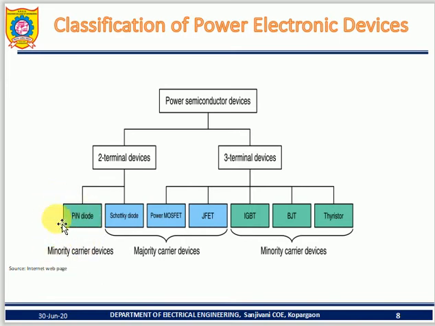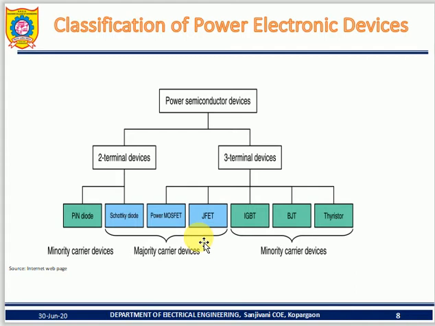The PN diode is a minority carrier device. So we classify them as majority carrier devices and minority carrier devices: BJT, thyristors and IGBT.